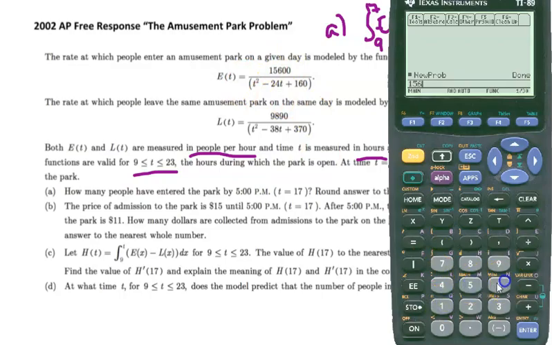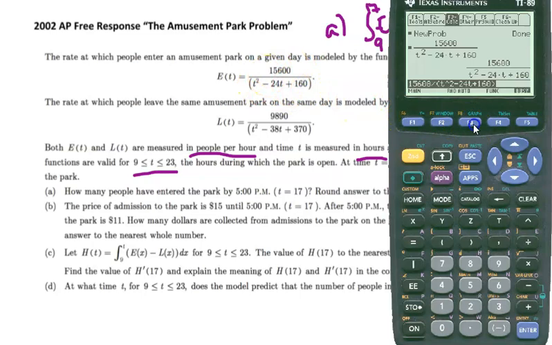So we have 15,600 divided by, and then make sure to put your entire denominator in parentheses in the calculator: (t squared minus 24t plus 160). Close parentheses, and again go to the left-hand expression and make sure it matches what you meant to type in.